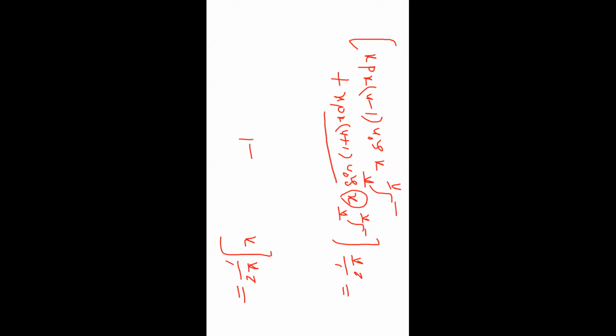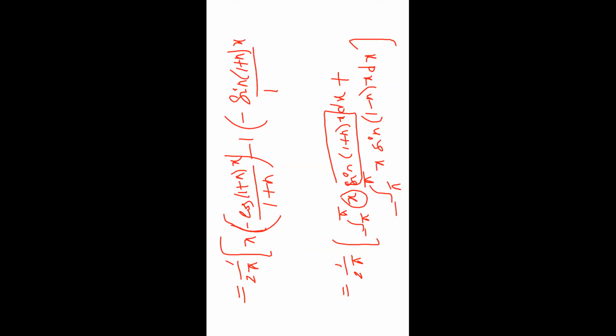Next, the integration of sin of 1 plus n into x is minus cos of 1 plus n into x. The multiple of x is 1 plus n, so we write it in the denominator. And the total bracket integration value: first write the sign minus, and the integral of sin 1 plus n into x by 1 plus n whole square.